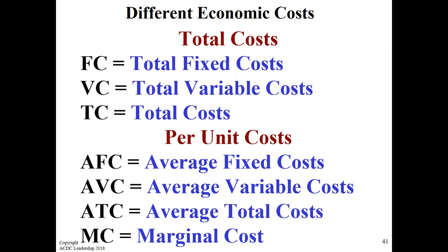So when you write this down, I just put a plus sign, fixed plus variable equals total. Average fixed cost is fixed cost divided by units. I think the next slide has all of those broken down.